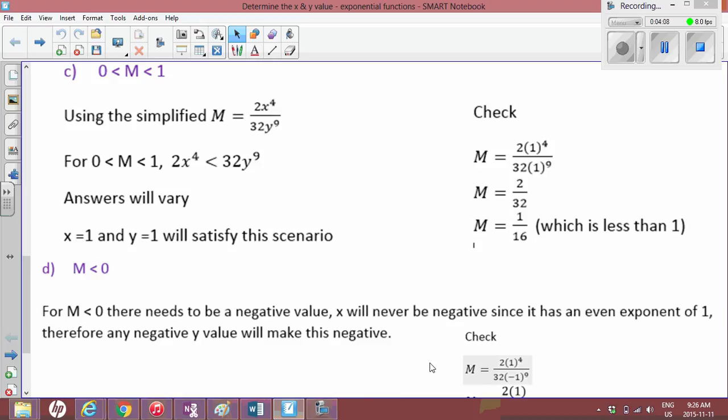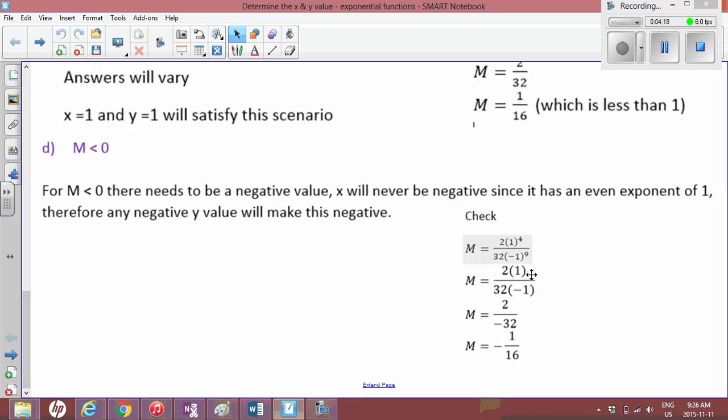So y has to be a negative value since we have an odd exponent. So in this case, for example, you can say that y equals negative 1, and you'll see that you end up with a negative, which is less than 0. So for less than 0, y can be any negative number.